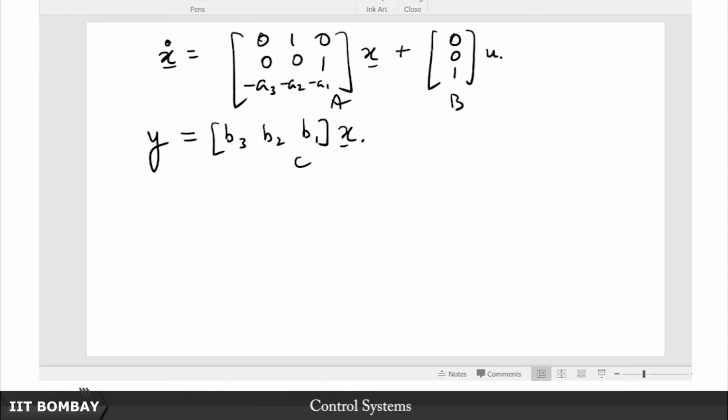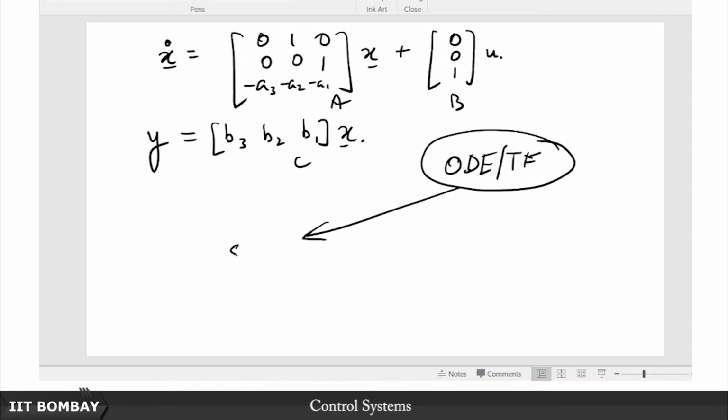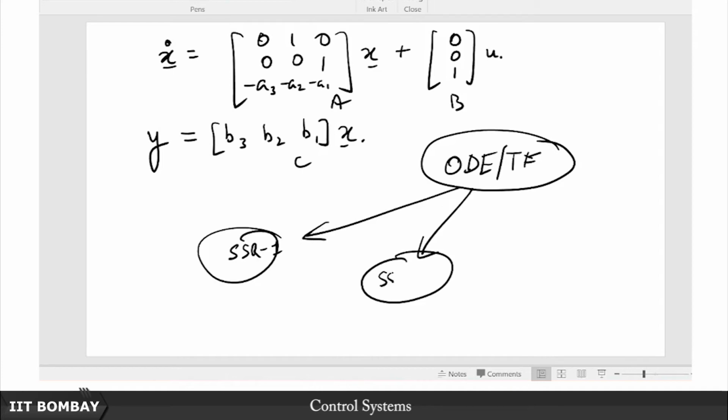So to summarize all of this in a pictorial form, here is what we have seen thus far. Suppose you have an ODE or a transfer function like this given to you, then it turns out that I can have a state space realization 1, I can have a state space realization 2, like this. I can have another state space realization 3.